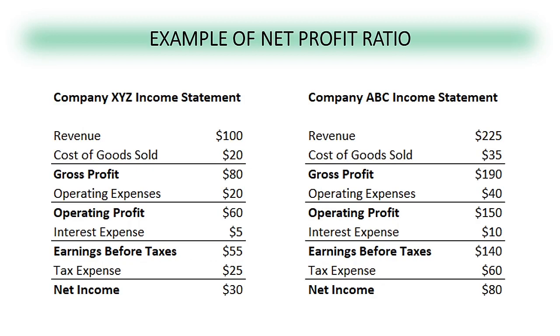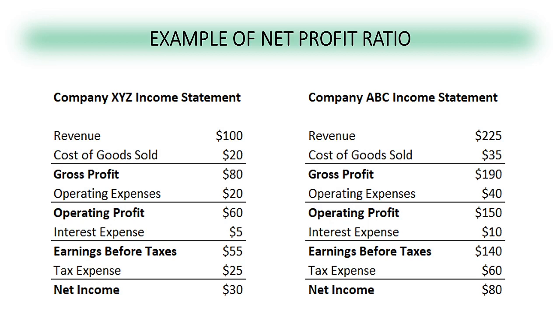Using the formula for the computation of net profit ratio, you can easily compare which of two companies has the higher net profit margin. So our formula is net profit margin equals net profit over revenue. So for company XYZ, we have the computed net profit margin of 30%.